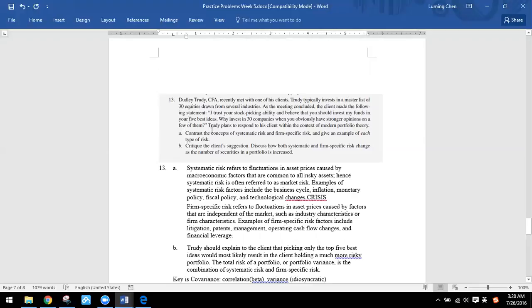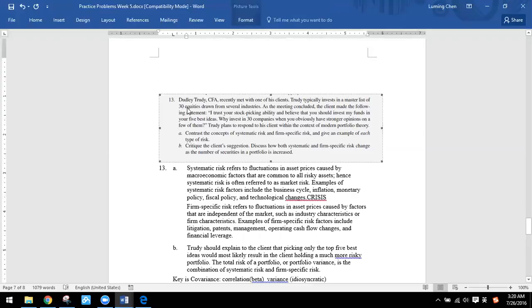So Trudy plans to respond to his client within the context of modern portfolio theory. We know that if the correlation is less than 1, there is benefit to add securities in your portfolio.